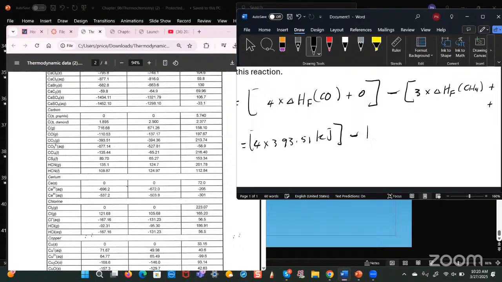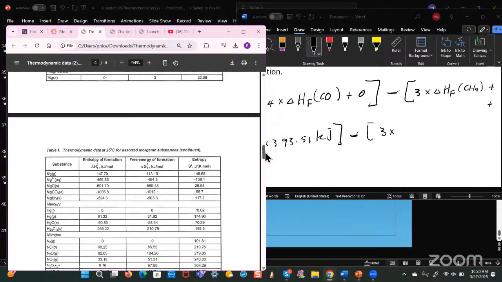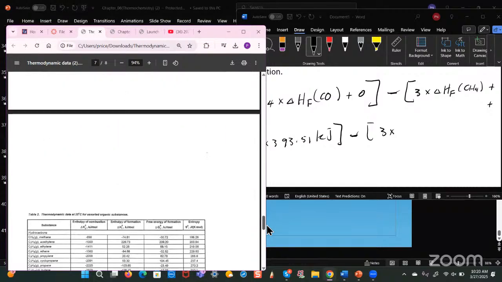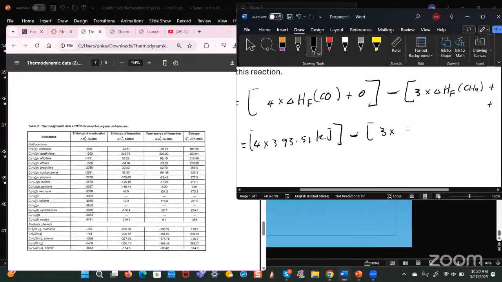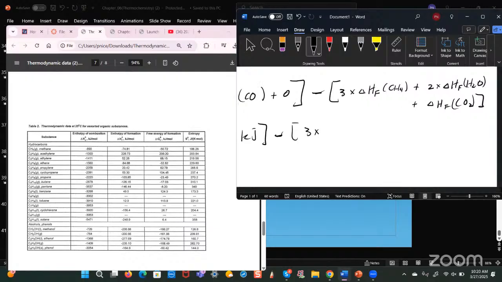And then minus, for the reactants, 3 times the enthalpy change of CH4. In this particular table, they have a separate listing for organic molecules at the end, and CH4 is an organic substance. So this is it right here, and the enthalpy of formation of CH4 is minus 74.81 kilojoules.